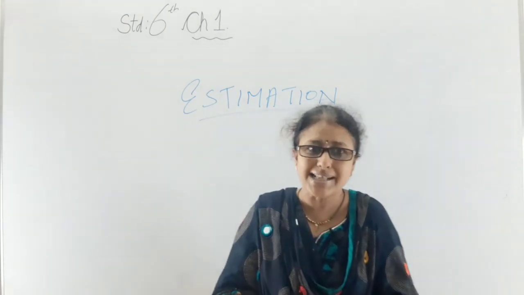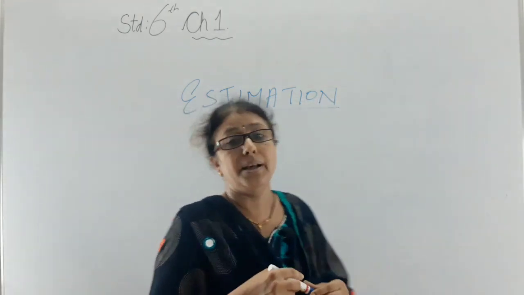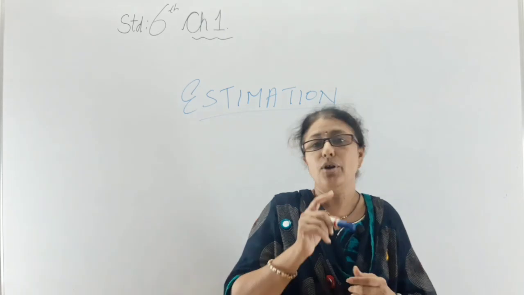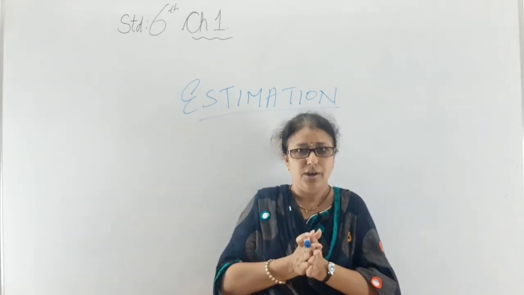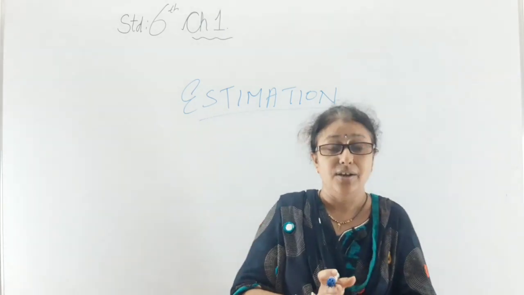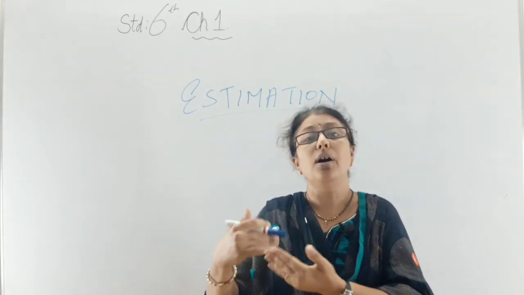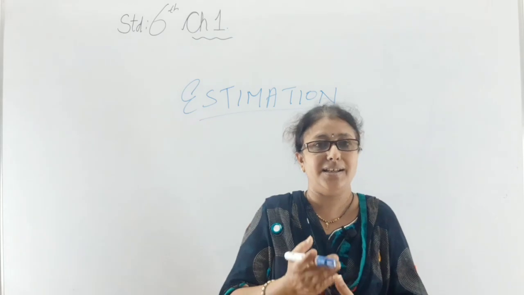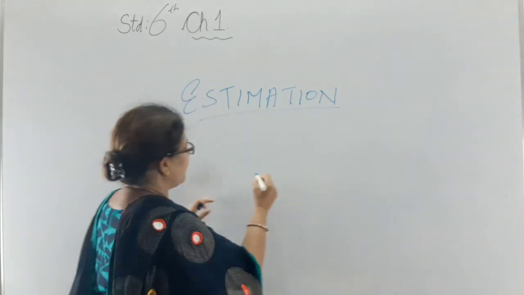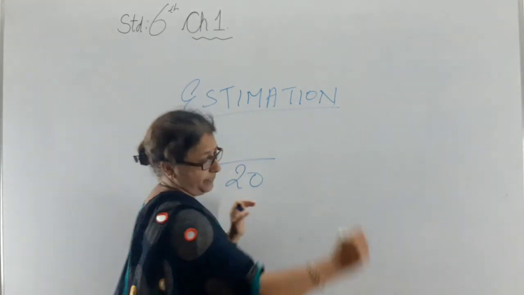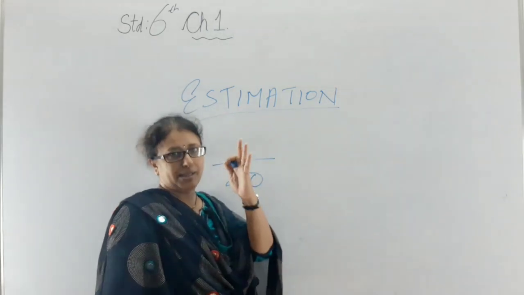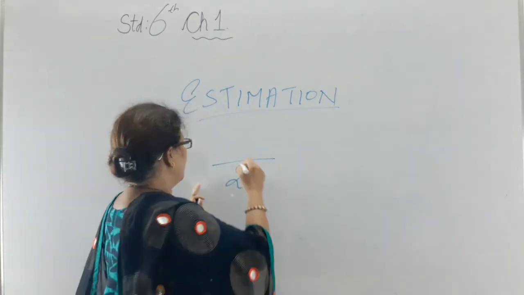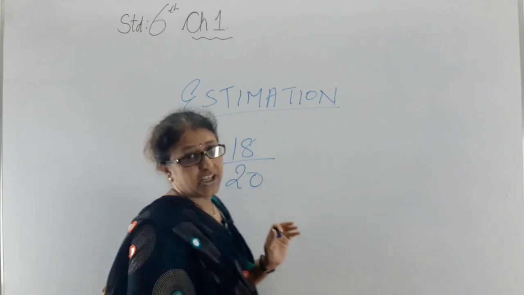I'll give you one more example of estimation. For example, you have written a paper of 20 marks. Your paper has gone very well. So what will you do? You will do a rough calculation of how many marks you will get. So for a paper of 20, you have given a rough estimation that my paper was very good, I will get 18.